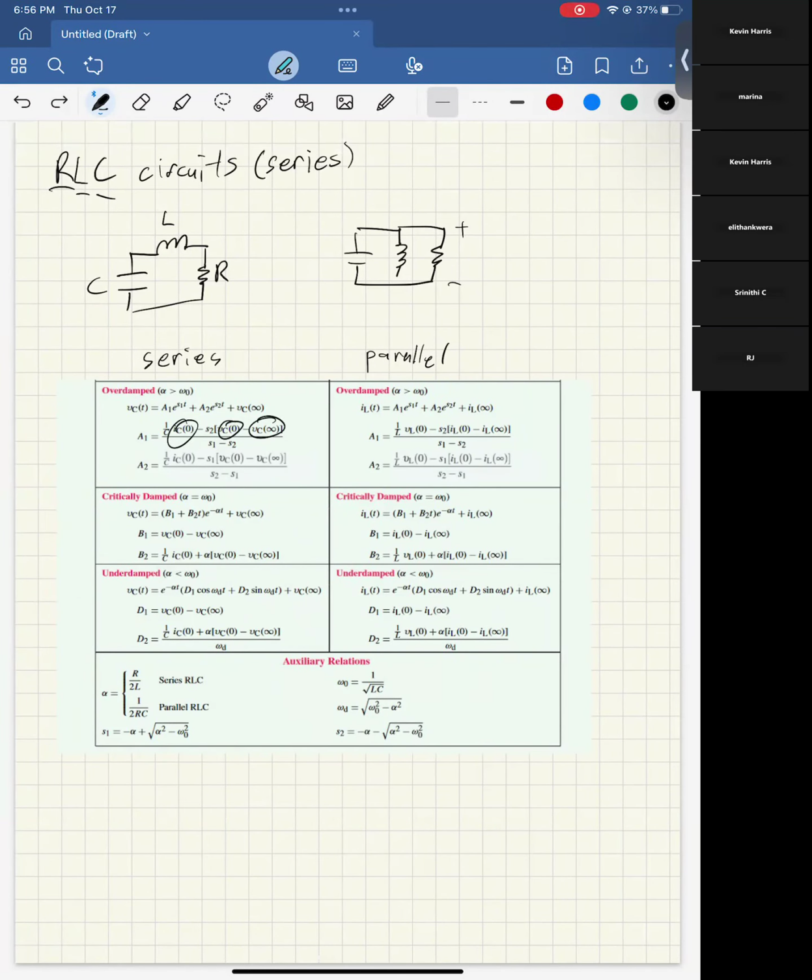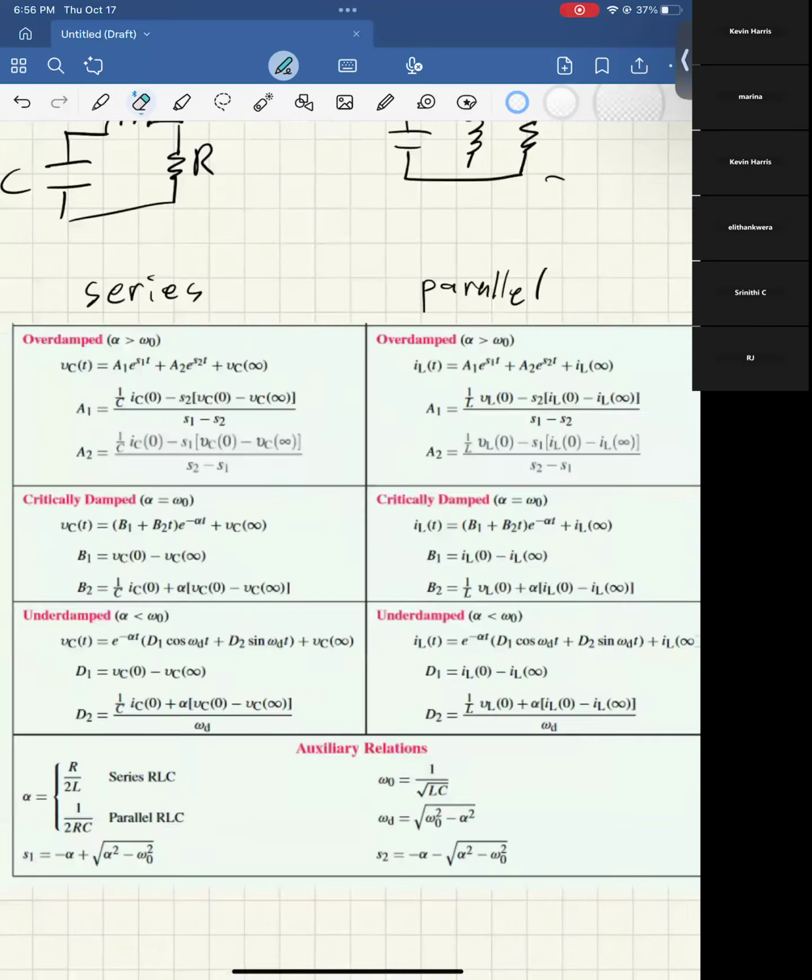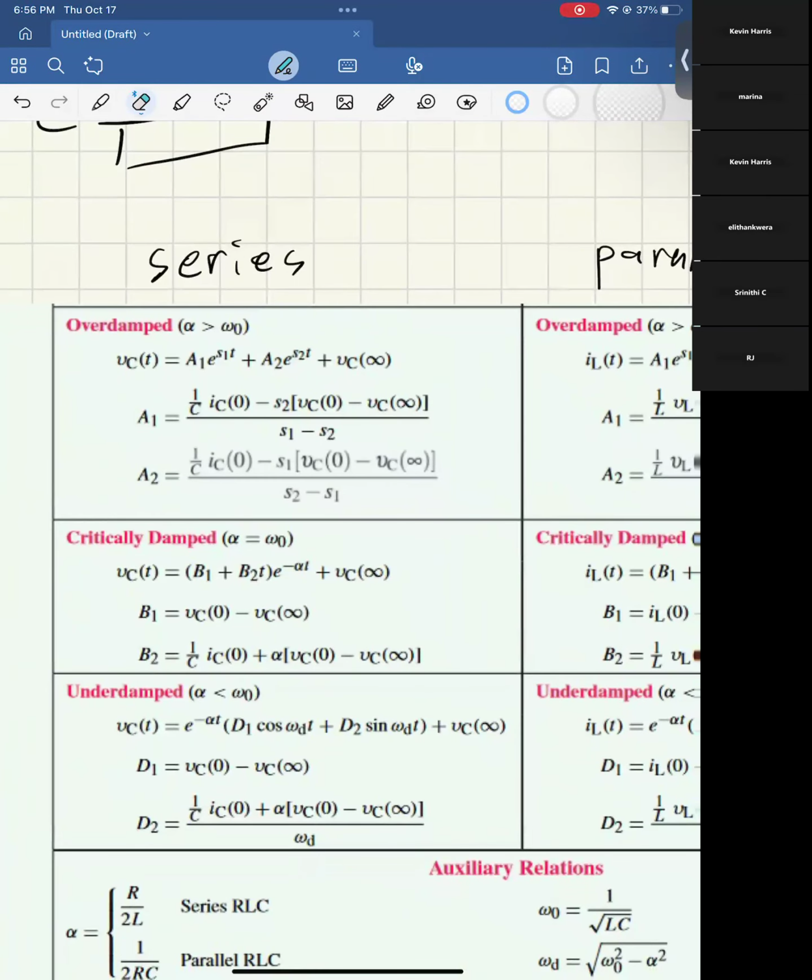Not that it particularly matters right now, but a nice little intuition about these 3 different regions, if any of you have taken differential equations or anything of that sort, you might not have, I don't think it's required for this class, is that there are 3 kinds of responses a system can have. It can either be overdamped, critically damped, or underdamped.